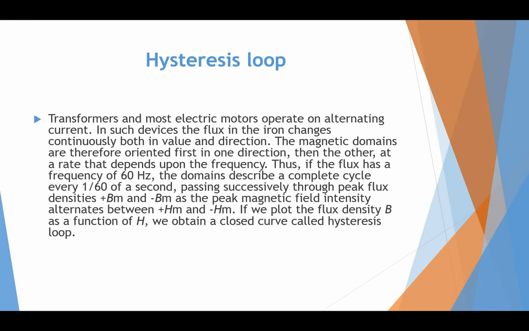So in this loop, basically we study that alternating current produces flux which changes in the iron core in a transformer, or in the armature iron core in machines, continuously from positive to negative and from negative to positive, and its direction also changes.